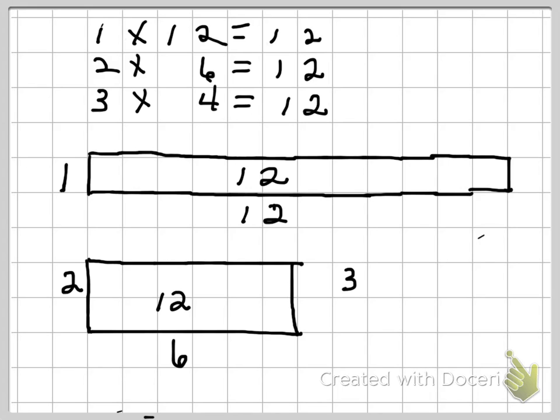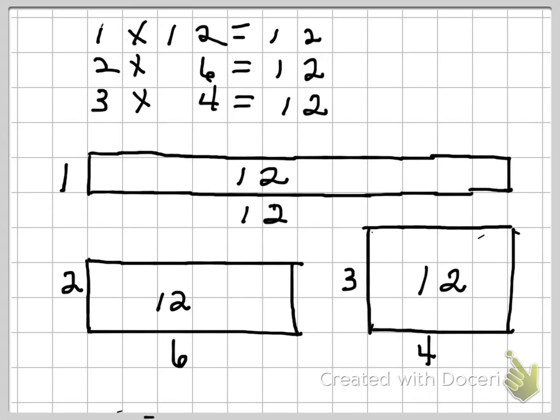Let's try 3. 1, 2, 3 times 1, 2, 3, 4. Let's draw our line. This is times 4. 3 times 4 equals 12. Easy breezy. We have just created our 3 factor models for the product of 12.